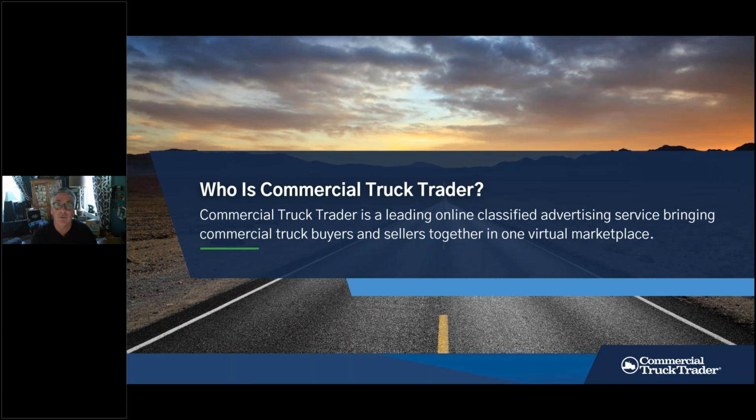Commercial Truck Trader is part of Trader Interactive, which is a large network of marketplaces, including Cycle Trader, RV Trader, ATV Trader, Equipment Trader. We're a large organization with a number of different marketplaces. Our real job is to provide tools to dealers so that they have the solutions they need to attract, engage, influence, and convert prospects into customers.